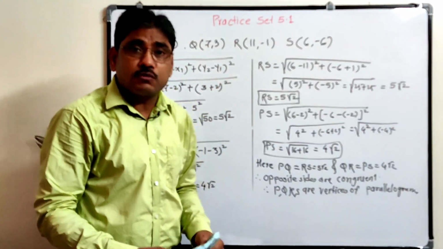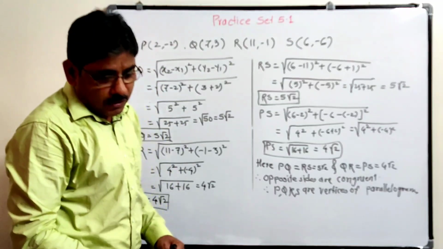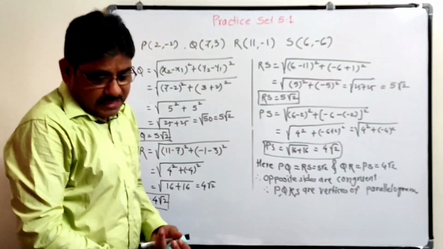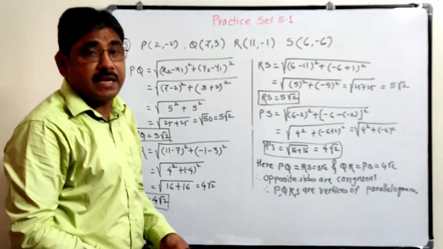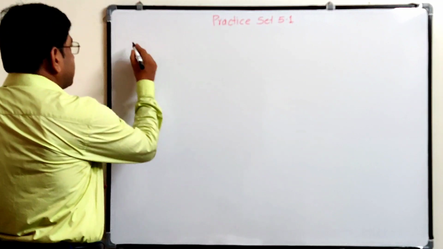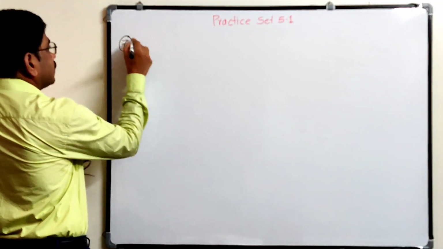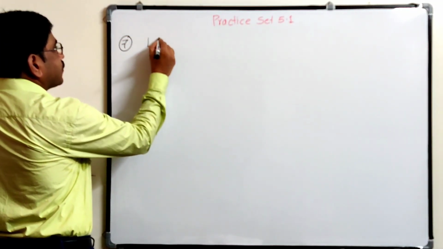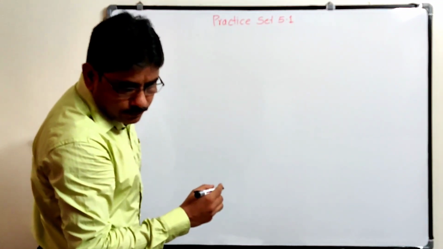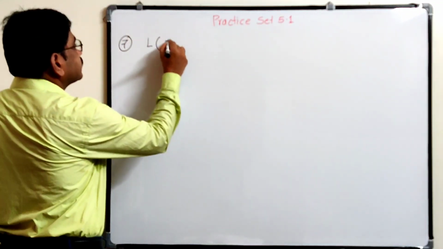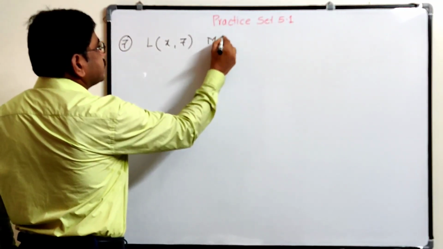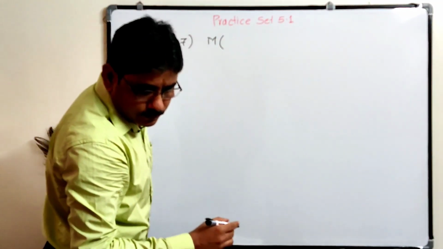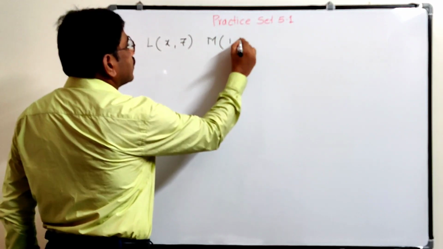Now in sixth question you have to prove that vertices of rhombus. Find the 4 distances. 4 distances must be equal. If equal comes, then rhombus. Even now the points are L, X, 7 and M, 1, 15.